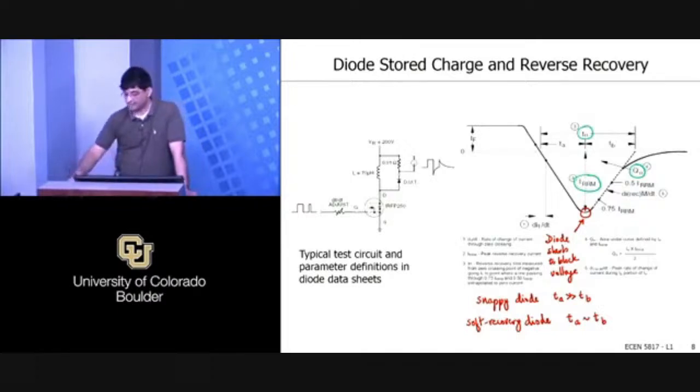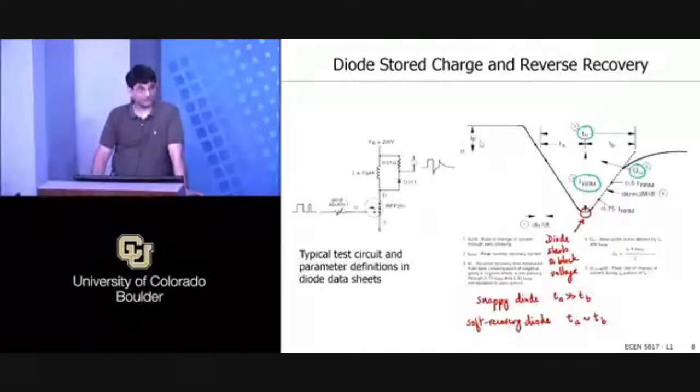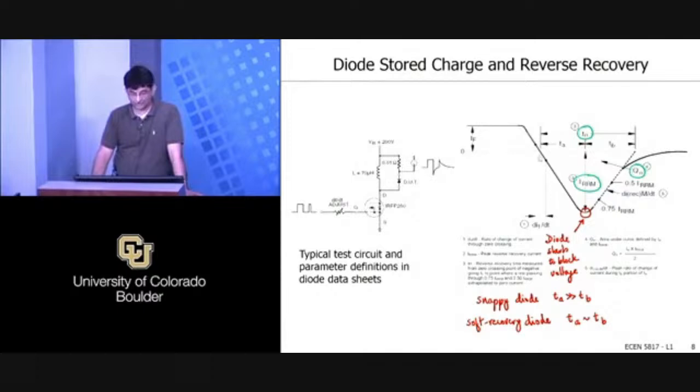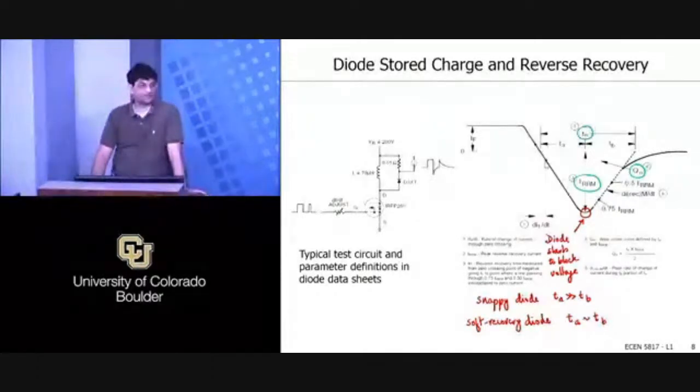And in data sheets, you will get values for all of these, but they will be dependent on a number of other parameters. So the parameters that they depend on, most importantly, are what is the initial amount of current going through the diode. They depend on how fast you reduce the current through the diode. So it depends on the slope as you're going through the zero crossing. And it also depends on the temperature, all right?